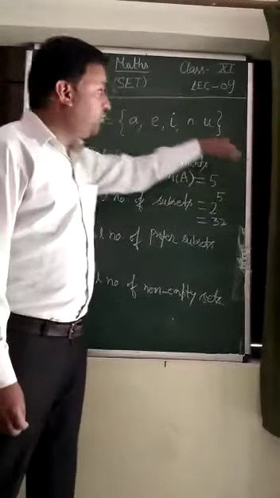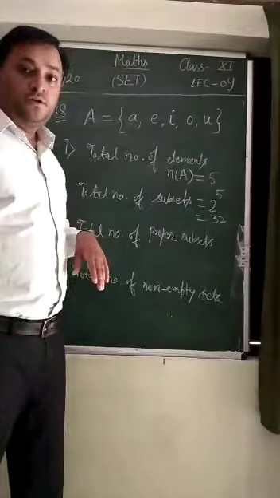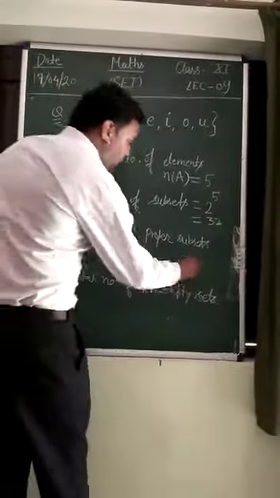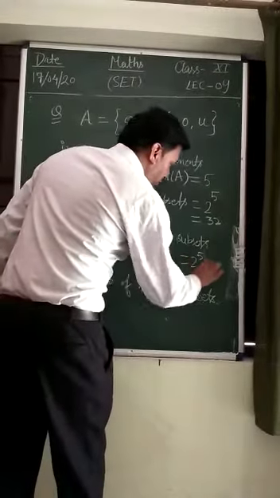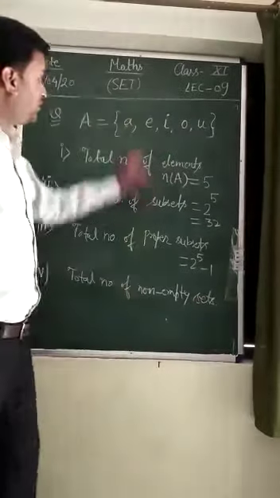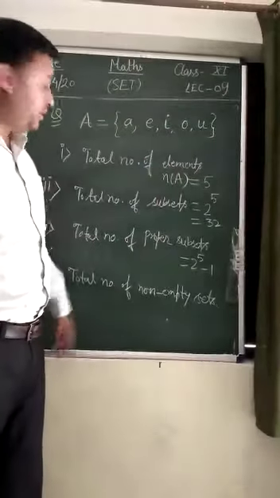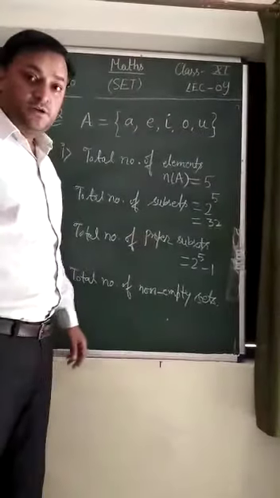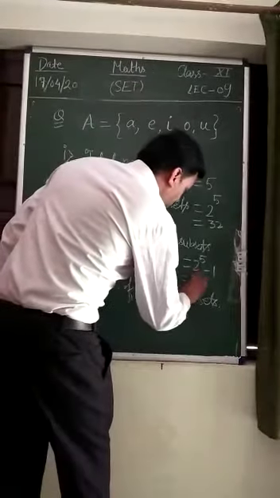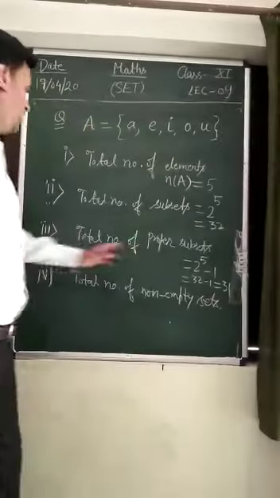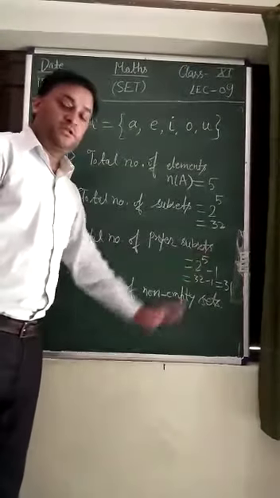So we remove or reduce this. You have a formula, 2 to the power of n minus 1. Similarly here, 2 to the power of 5 minus 1, because this is not included in the list of proper subsets. So your answer is 32 minus 1 equals 31. So there are 31 proper subsets.